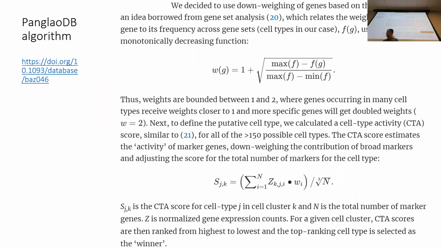If you have 3, this big N is 3. Then they take the square root of the sum as a transformation, to make it more justified. So this big sigma is the sum over all the marker genes for this cell type, right?